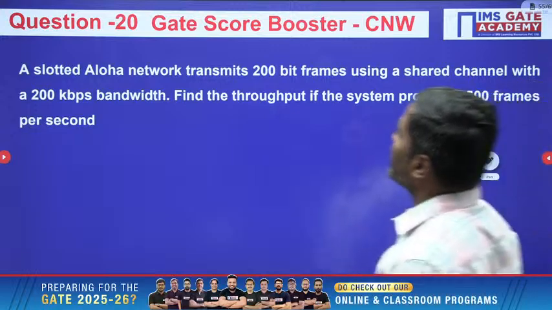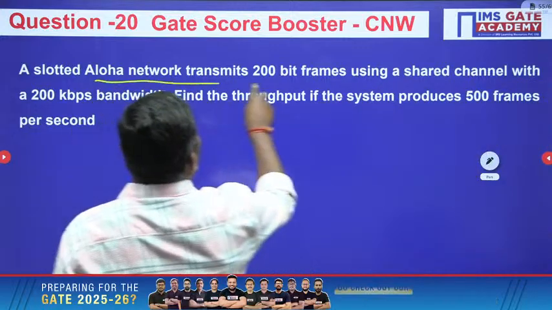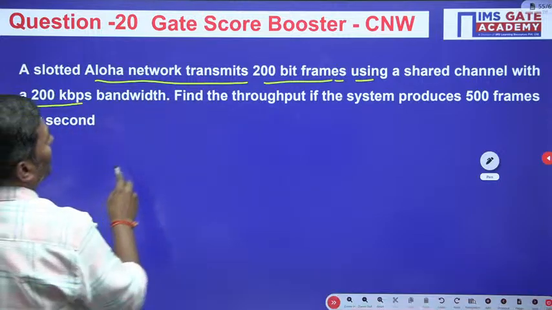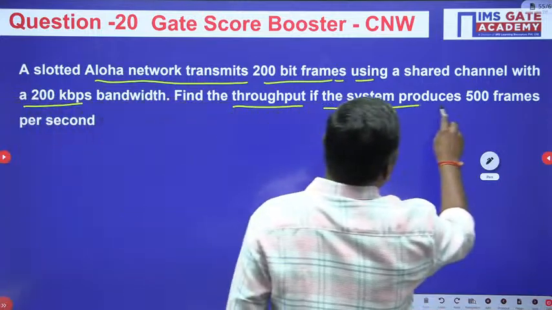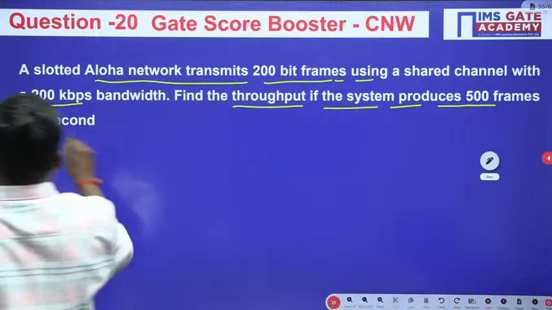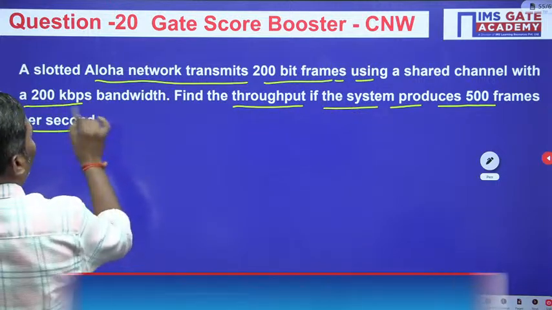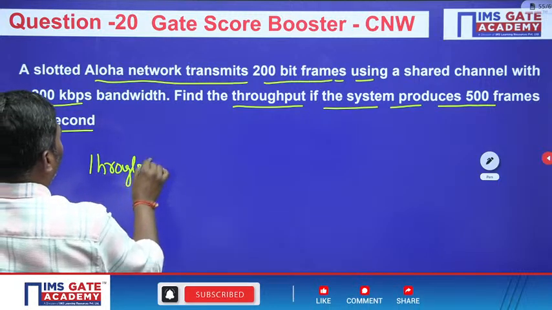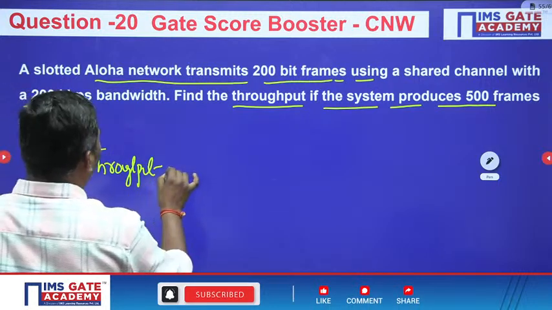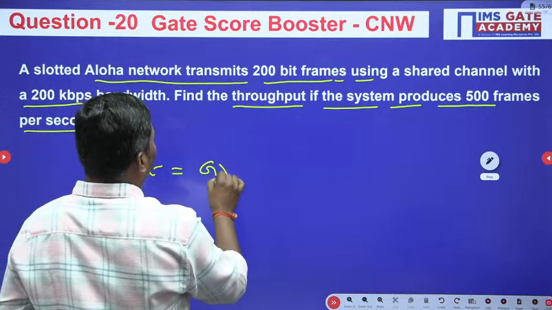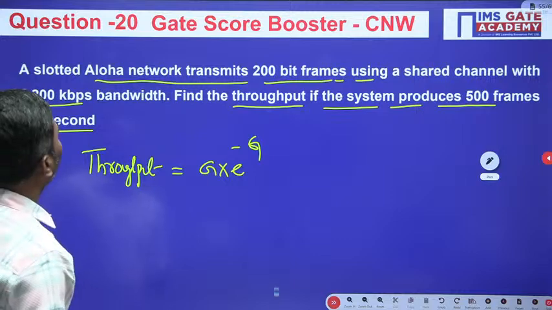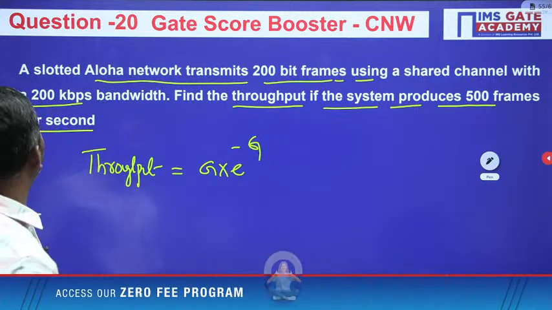Similarly, in the case of slotted Aloha, transmitting on a shared channel with 200 kilobits per second bandwidth, find the throughput if the system produces 500 frames per second. What is the throughput expression? In slotted Aloha, it is G into e power minus G. Now see, 500 frames are generated per second.